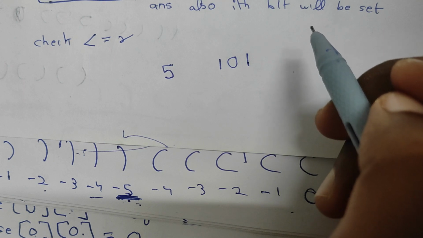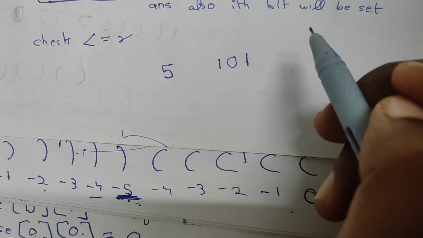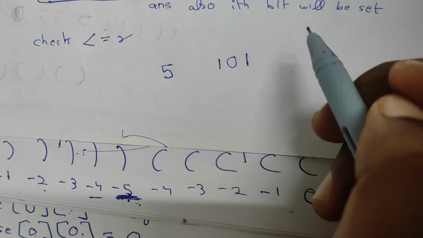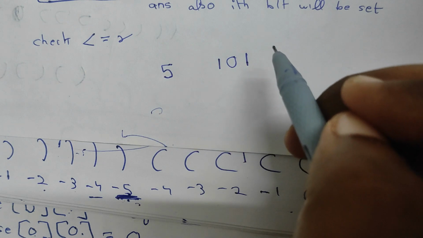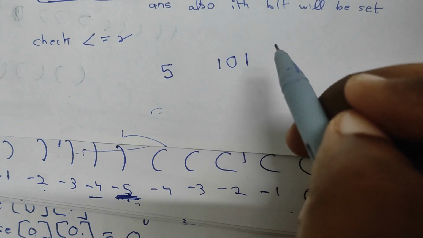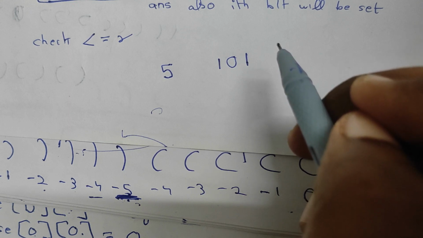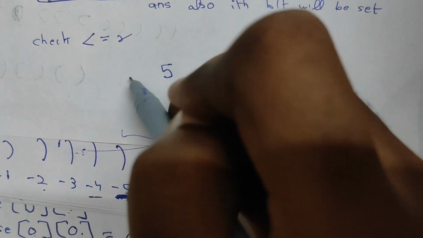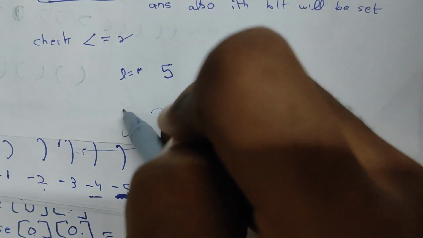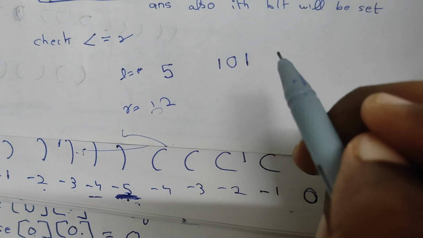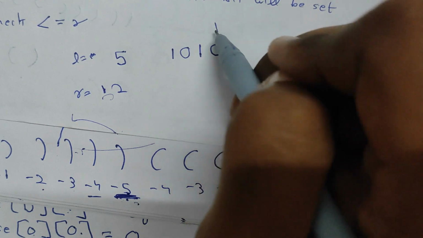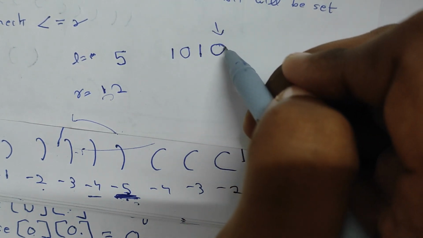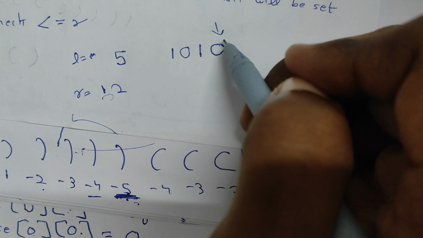Now suppose L is equal to 5 and R is equal to 12. So now I want to check this particular bit.